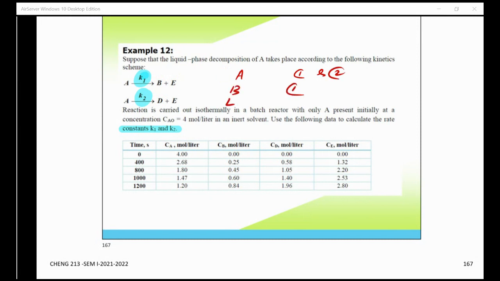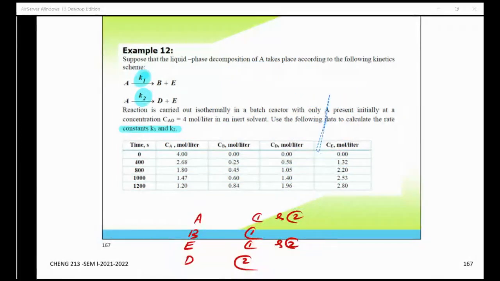E is in reactions 1 and 2, and D is in reaction 2 only. So the species are appearing in the reactions according to this order: A in 2 reactions, D in 1 reaction, B in 1 reaction, E in 2 reactions.